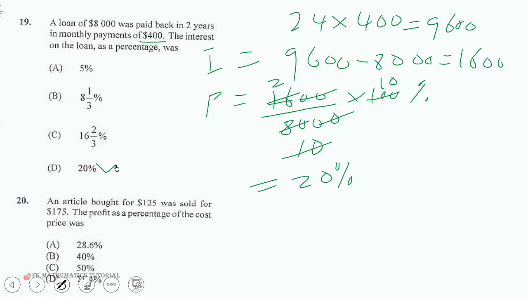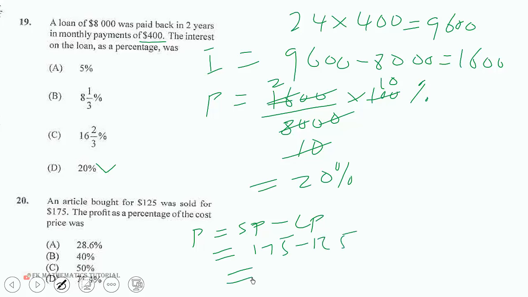An article bought for $125 was sold for $175. The profit as a percentage of the cost price was. So the profit is selling price minus cost price. So the selling price is 175. The cost price is 125.